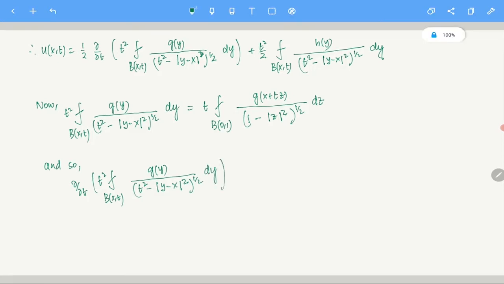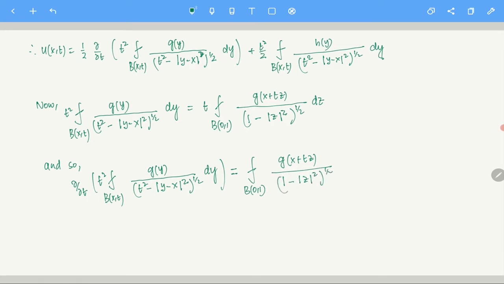Clear? This is equal to the average over B(0,1) of g(x plus tz) by 1 minus |z| square whole power half.